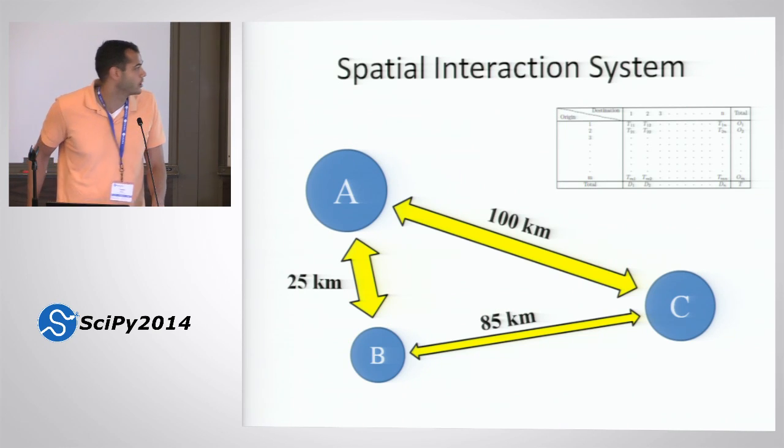And normally those flows are encoded in a matrix where the rows represent origins and the columns destinations. The column totals will give you the total flows into a destination, whereas the row totals will give you the total flows originating at each origin.